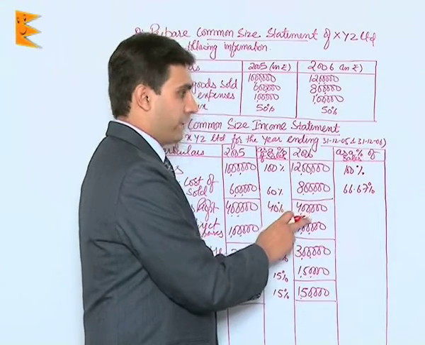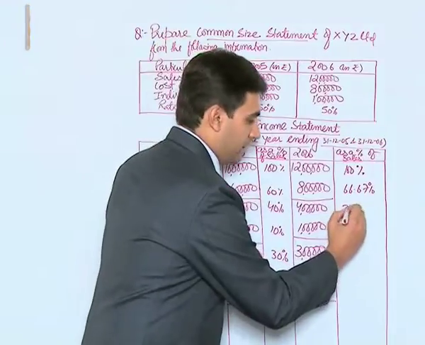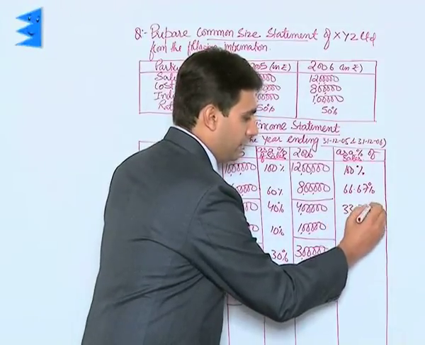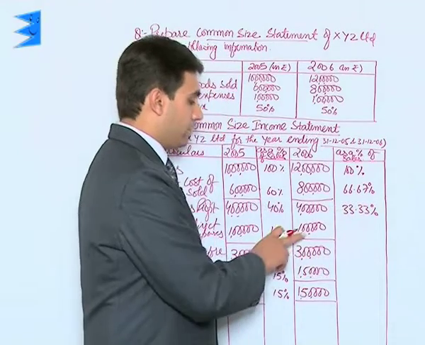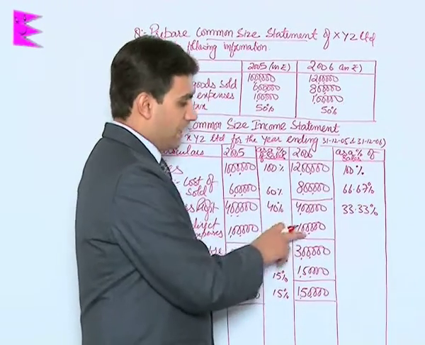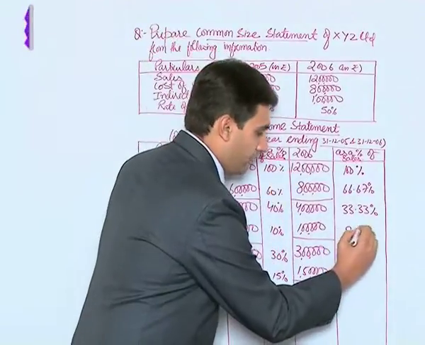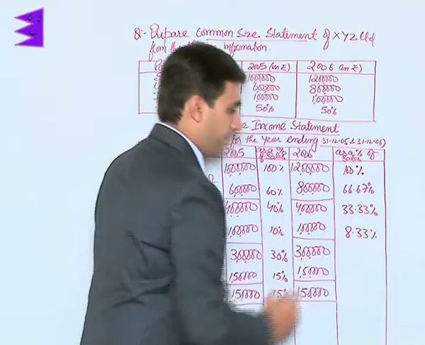Similarly for gross profit, 4 lakh upon 12 lakh into 100. This is approximately 33.33%. Then students, we have 1 lakh. This is the indirect expenses. So 1 lakh upon net sales, which are 12 lakh into 100, will give us 8.33%.